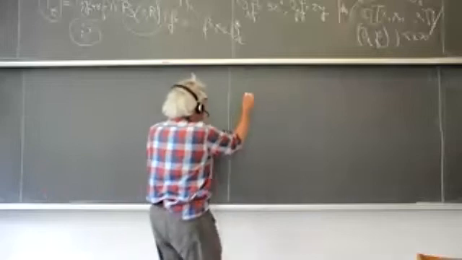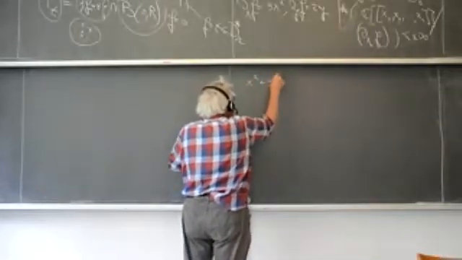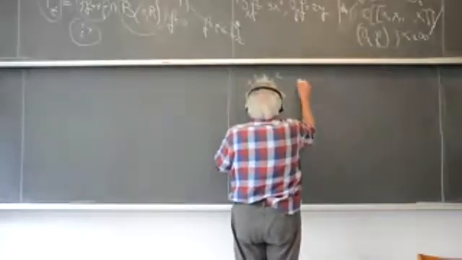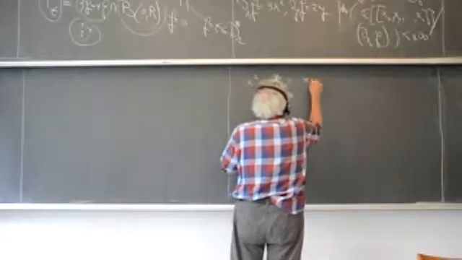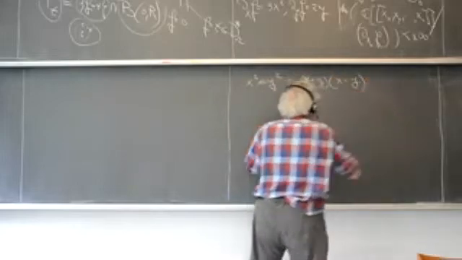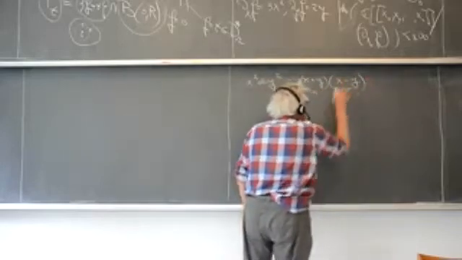So the basic example is x squared plus y squared. In other coordinates, I prefer again minus y squared. I can write this as x plus y times x minus y. I can choose these as coordinates u and v.